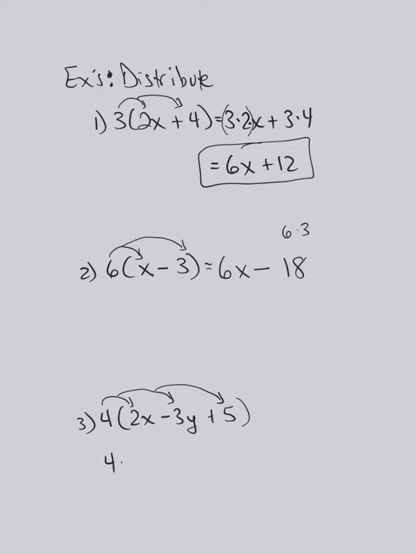So I get 4 times 2x minus 4 times 3y plus 4 times 5. Just as before, I can multiply the 4 times the 2 to get 8x, and then minus 12y, and then plus 20.